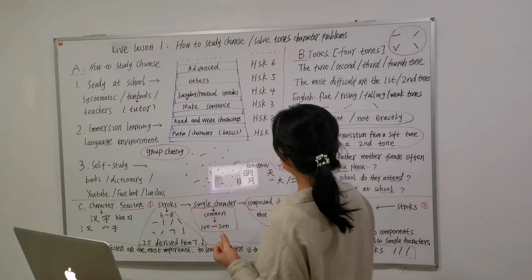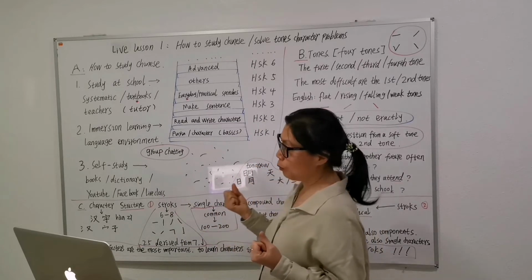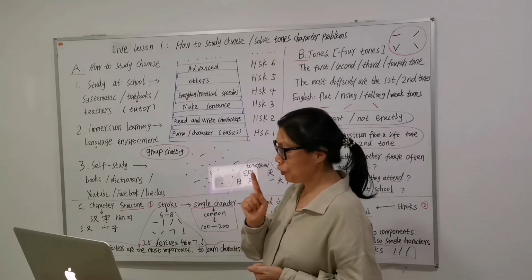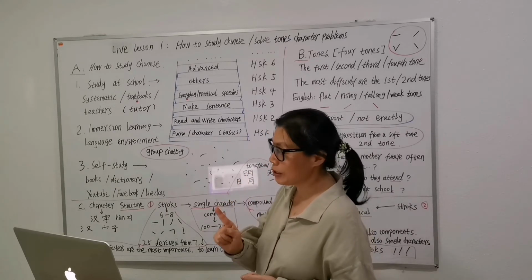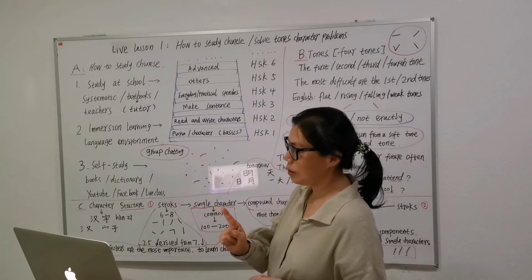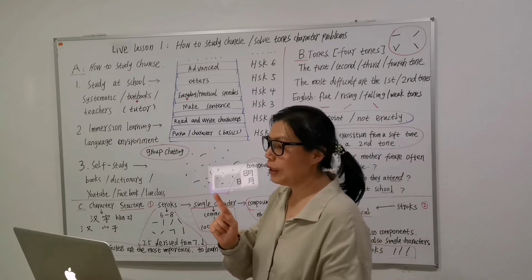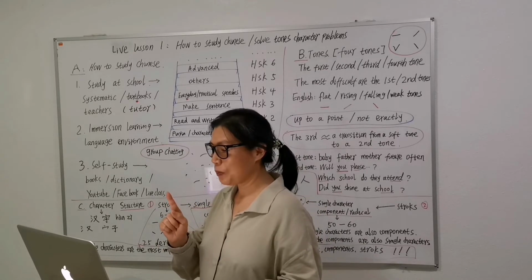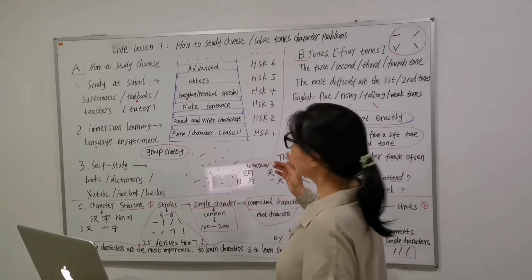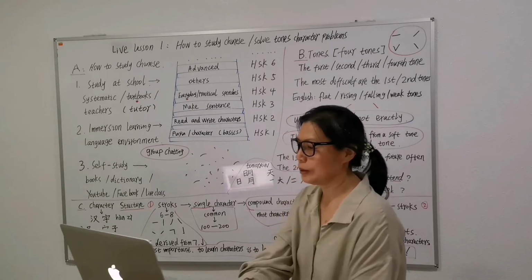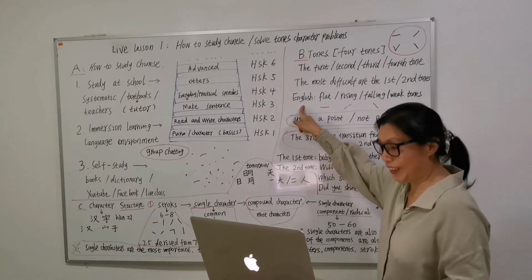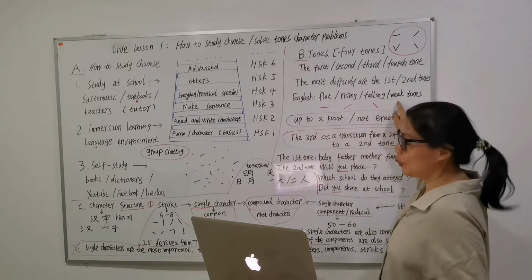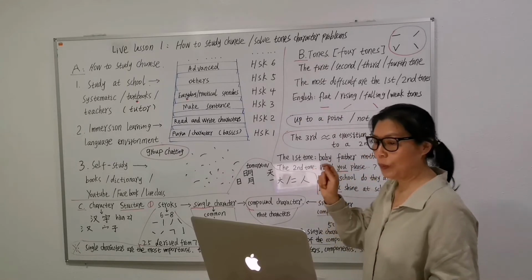So how to solve the tones problem? Very simple, very easy. If you know English 4 tones, you will learn Chinese pinyin tones very easily. Let's compare. What are English tones? Maybe you don't know. Of course you know. English has 4 tones also.